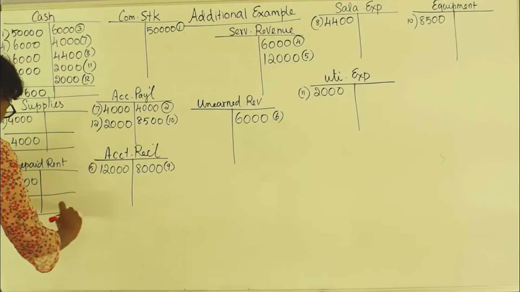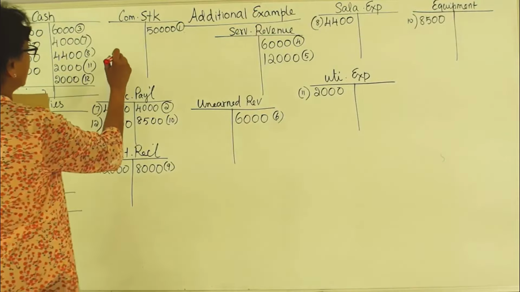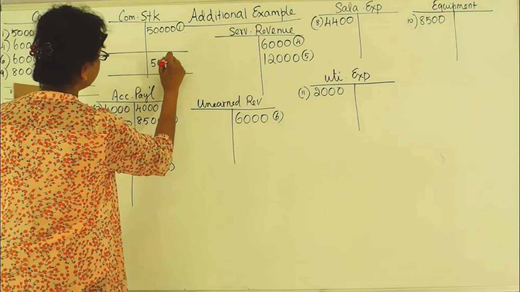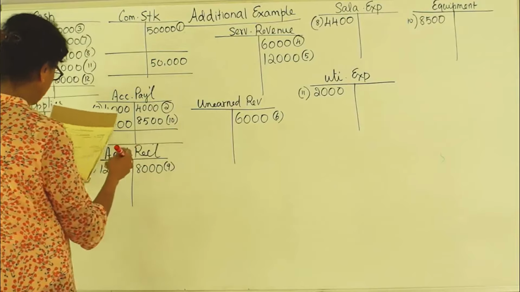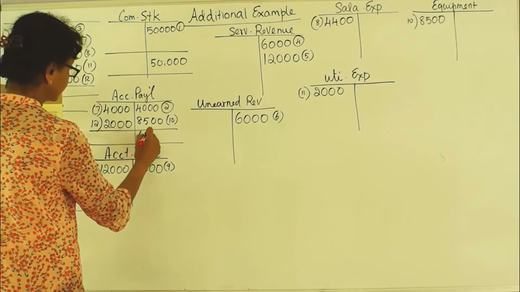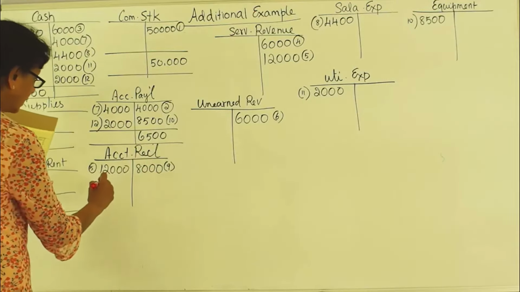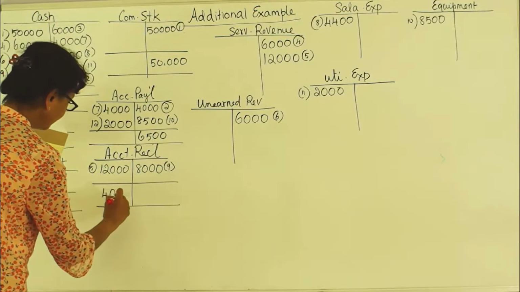Prepaid rent, the balance would be 6,000. Common stock, the balance 50,000. Accounts payable, the balance would be 6,500. And accounts receivable, the balance would be 4,000.